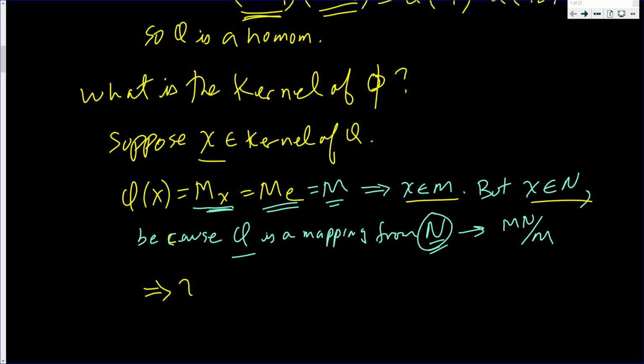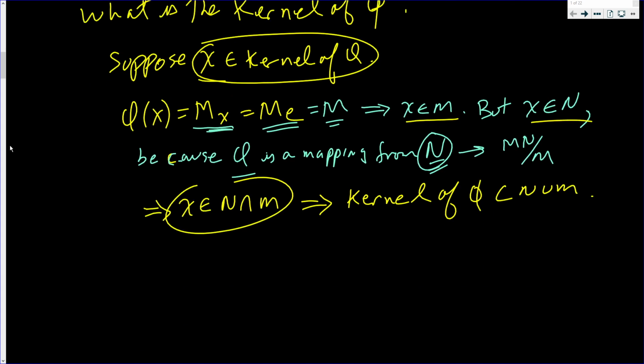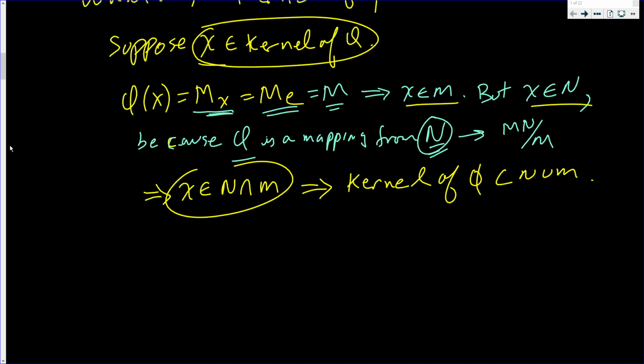That implies that x is in N intersect M. So what we showed is that if x is in the kernel, then x is in here. That implies that everything in the kernel is in N intersect M. Now we need to do it the reverse way.